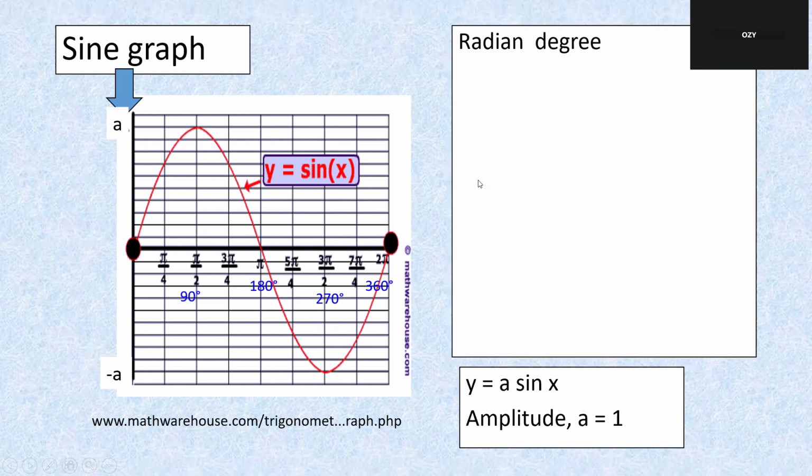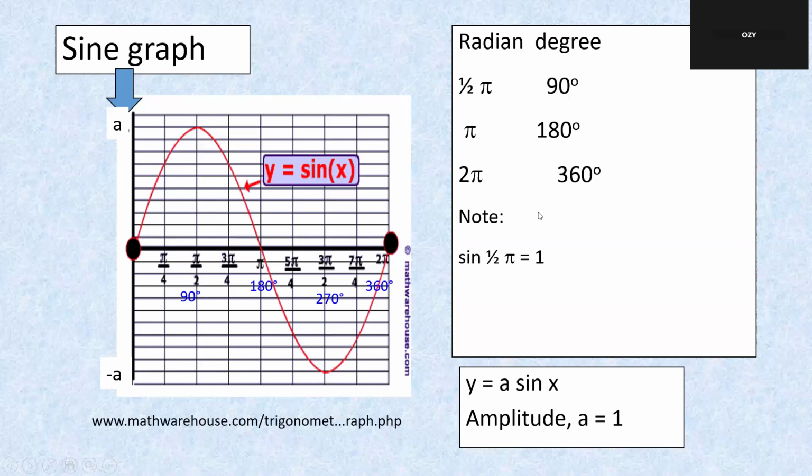Properties of radians. Half pi is 90 degrees. Pi is 180 degrees. 2 pi is 360 degrees. Note, sine 90 degrees or half pi radian is 1, which is the amplitude. Sine pi or sine 2 pi is 0.